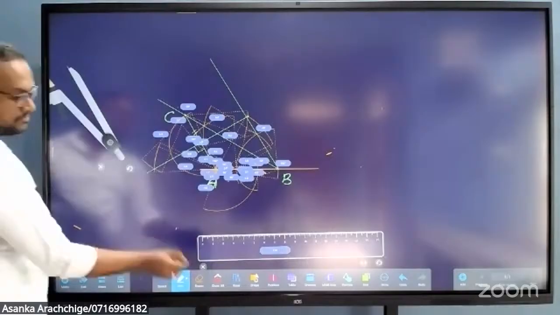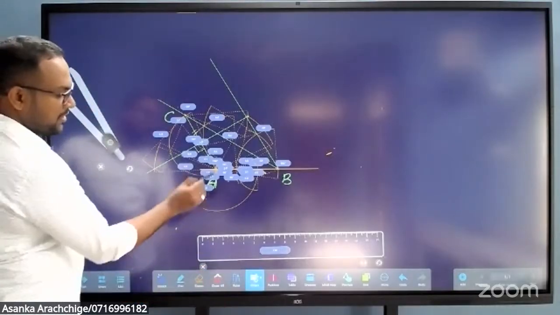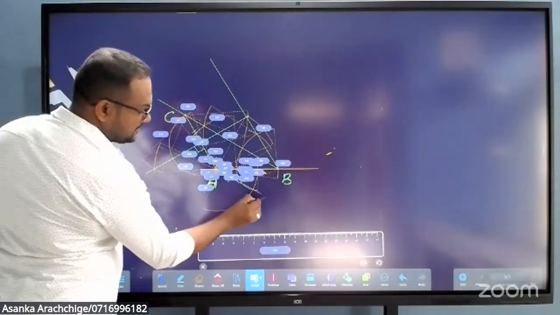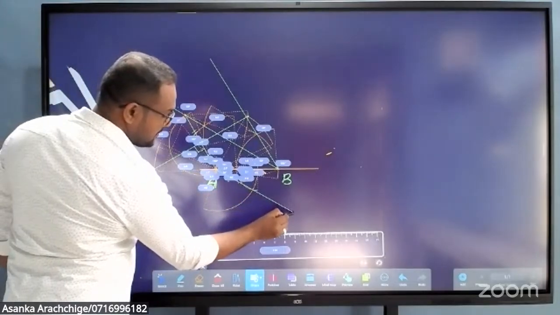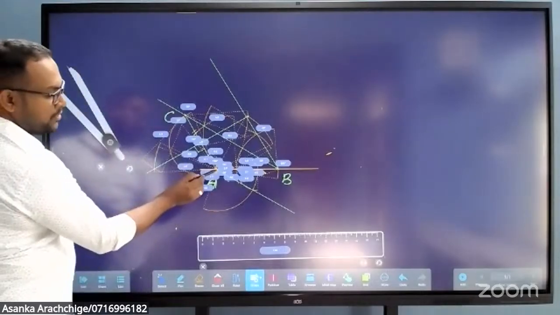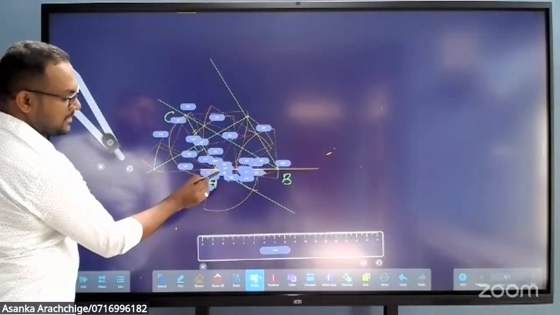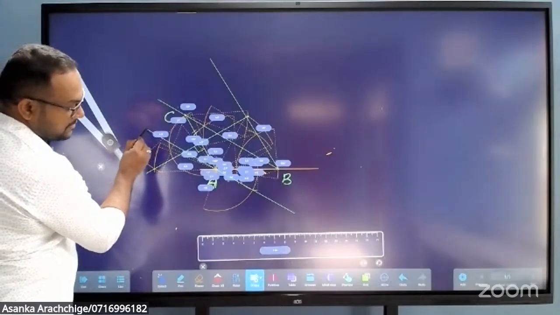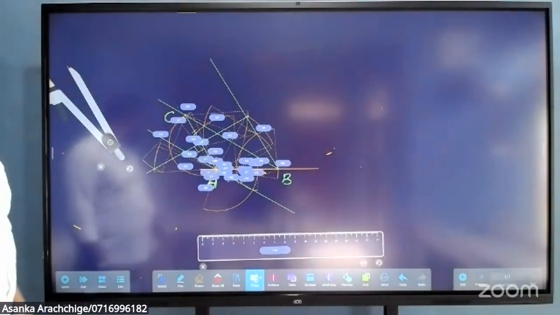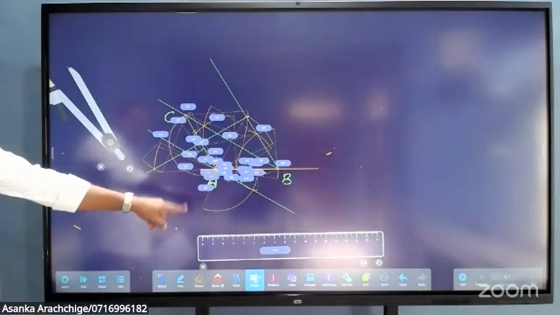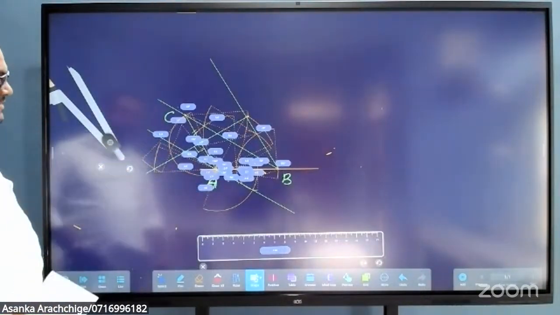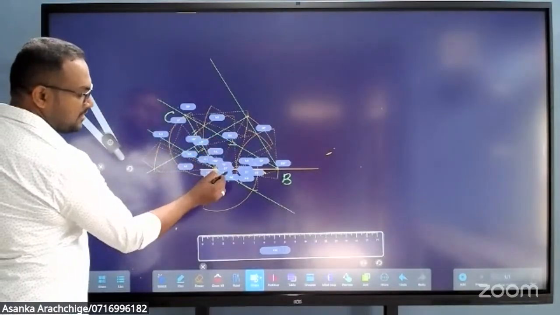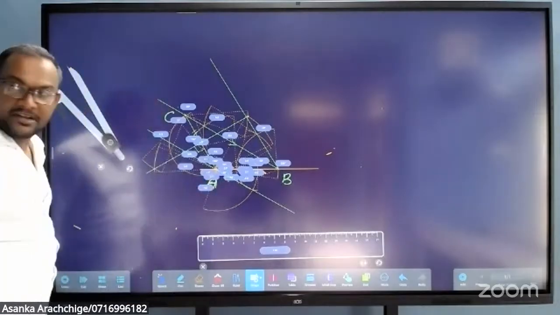Now join A to this point of intersection and produce it like this. If you want, you can produce it to the other side as well. Now this line is parallel to BC and it goes through A. These lines are parallel. Is that clear?